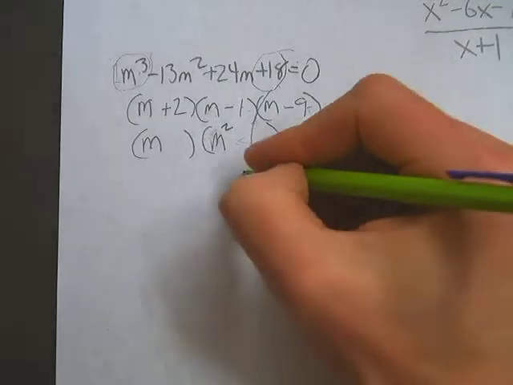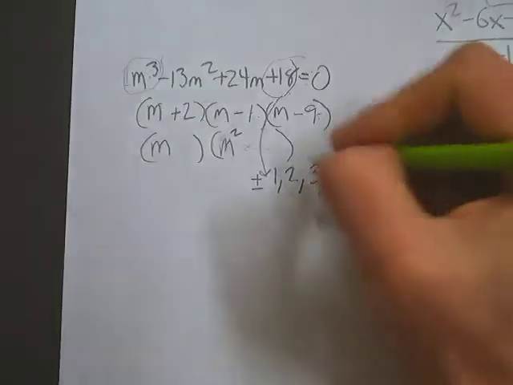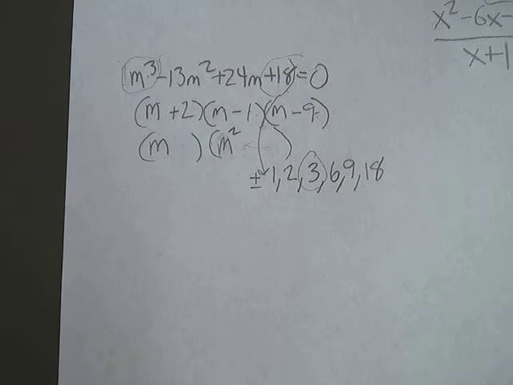Plus or minus any of these could be our factors. The long and short of it is you just gotta try one of them and see if it works. So in this example, I'm going to pick 3. Let's try 3.